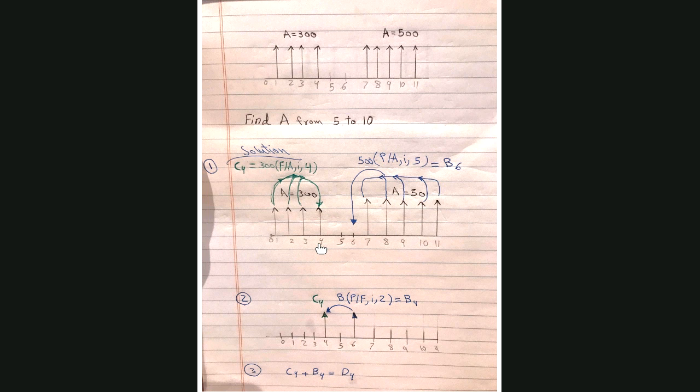Again, in this case, there are two ways to solve this problem. You can either convert all these values to year 11 as a single value, or you convert them to year 6. In the solution here, I show you how we convert them all to year 6.